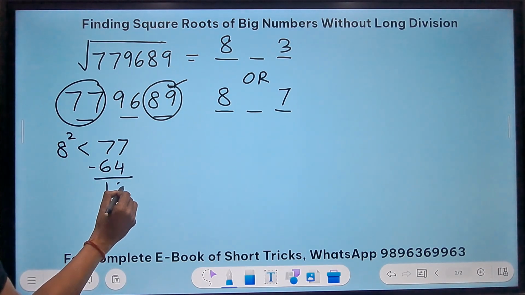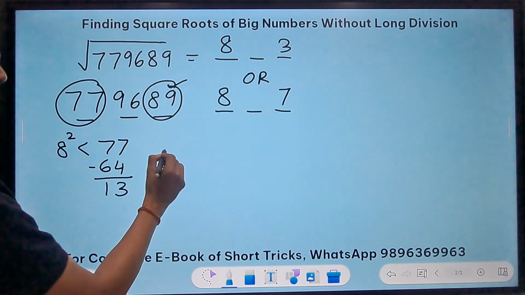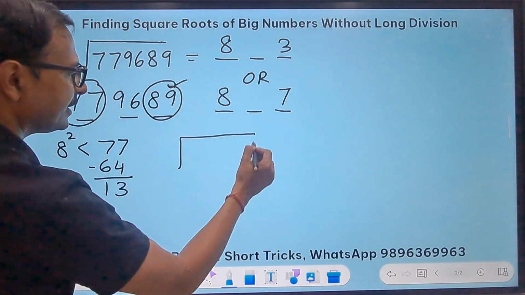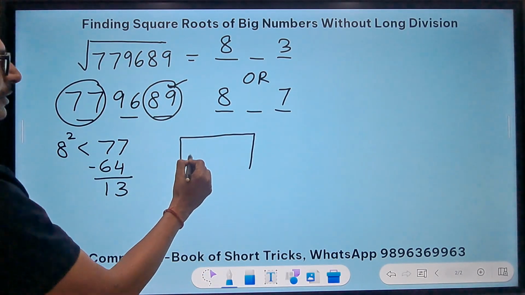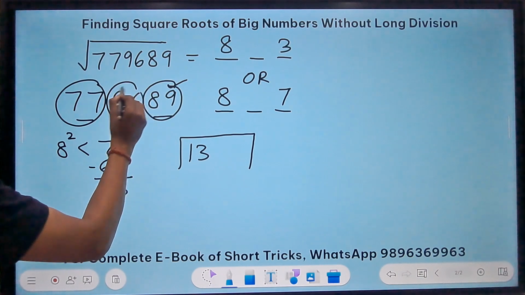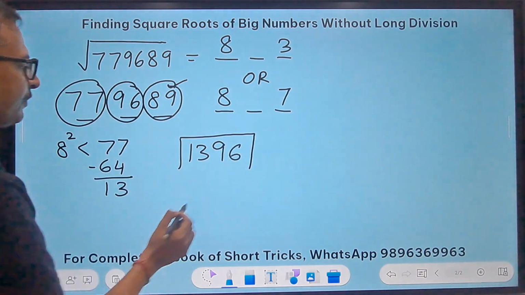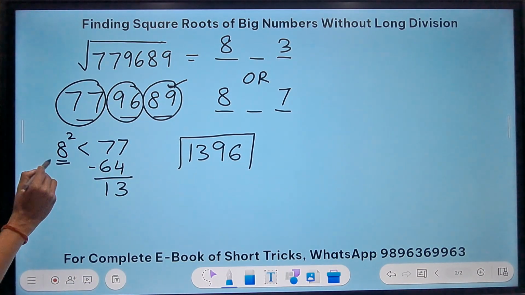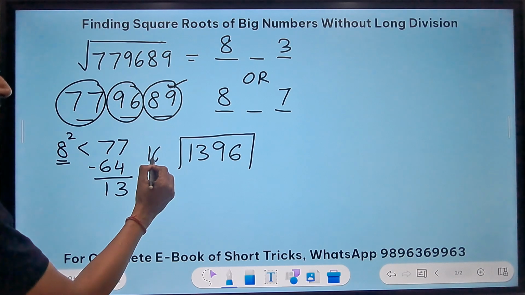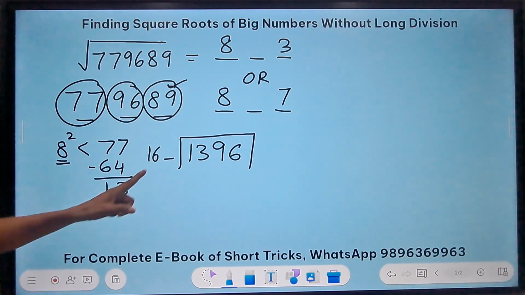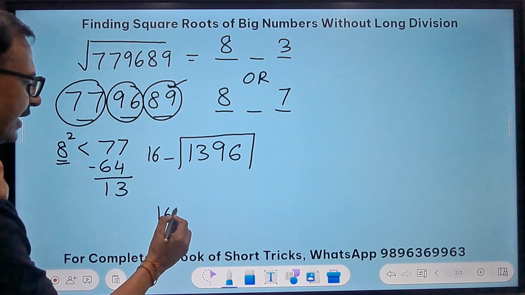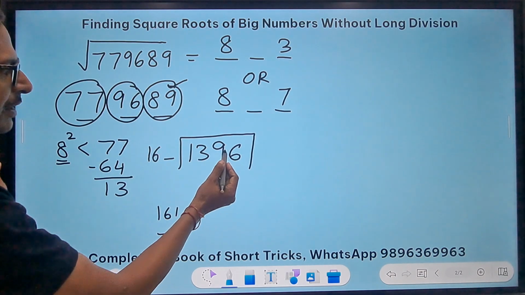I'll get a 13. Now this 13 has to be written in the long division form, and 13 followed by what? The next pair, 96. Now take this number 8, double it up. You get 16, and now I need to select a number like 161 times 1. It is very far away from this.